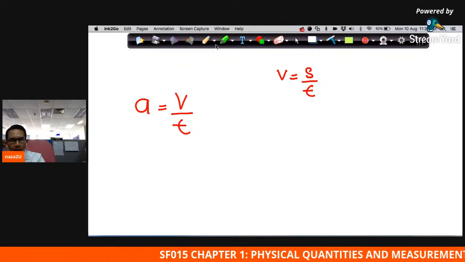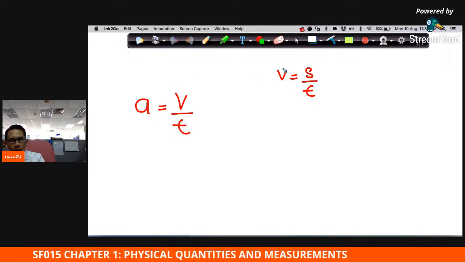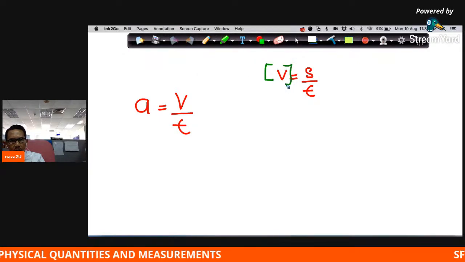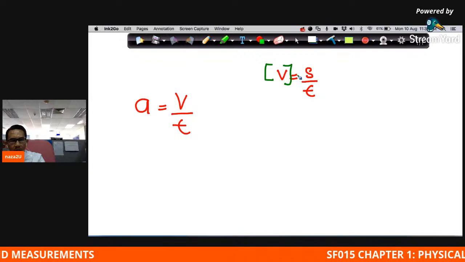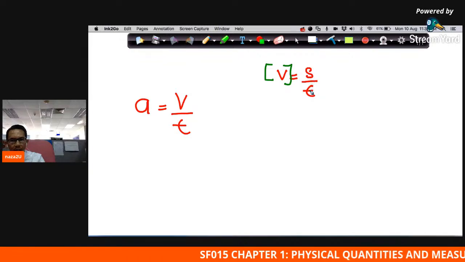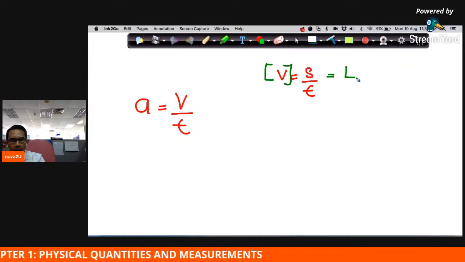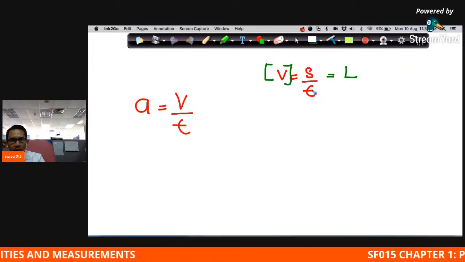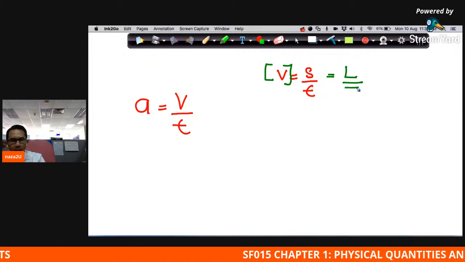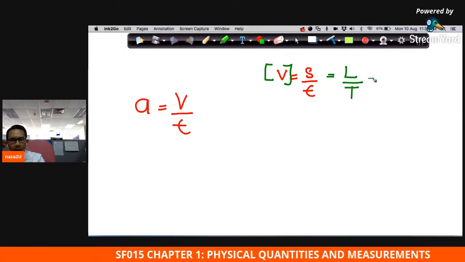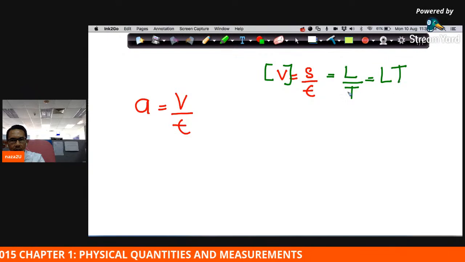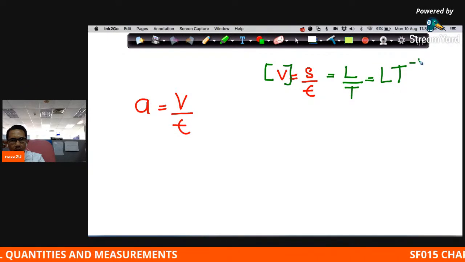So what is the dimension of the velocity? The dimension of velocity is length divided by t. The dimension for s is L, and the dimension for t is T. So this is L over T. We bring T up, so this is LT minus 1.